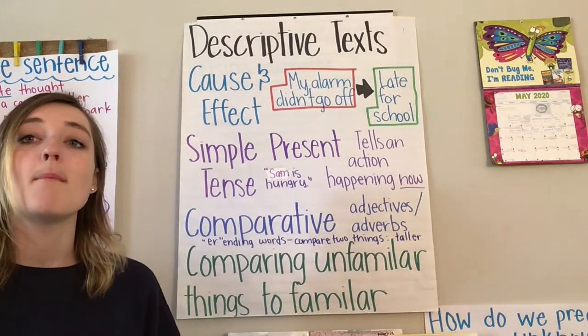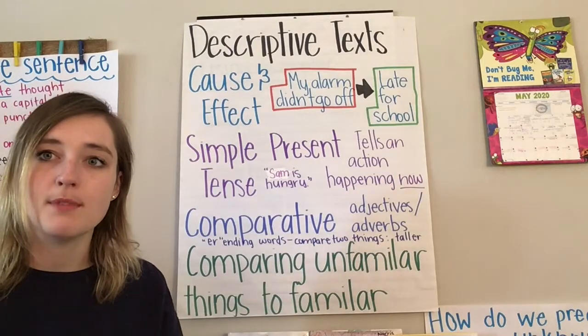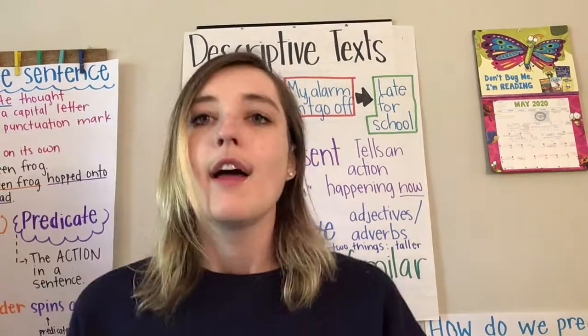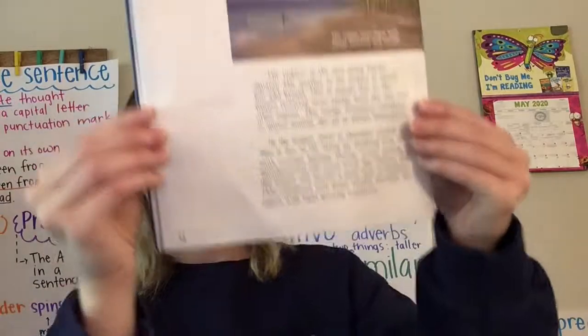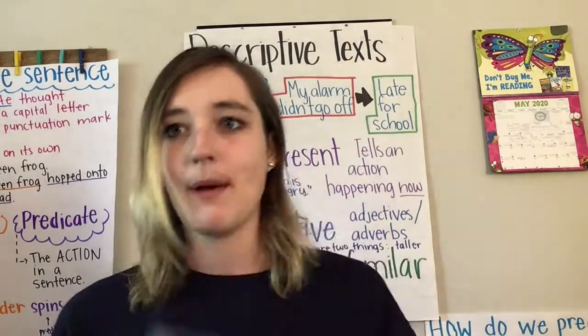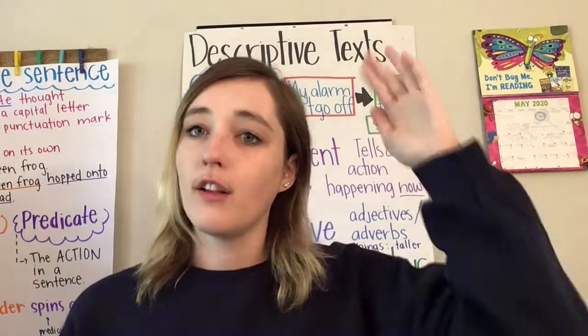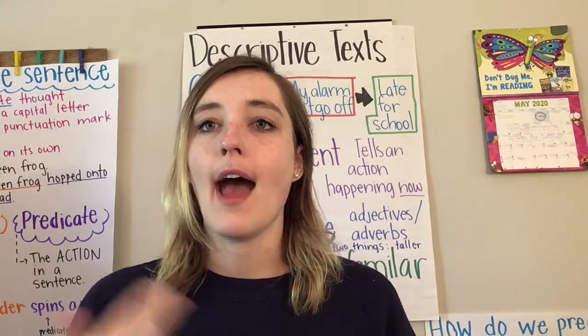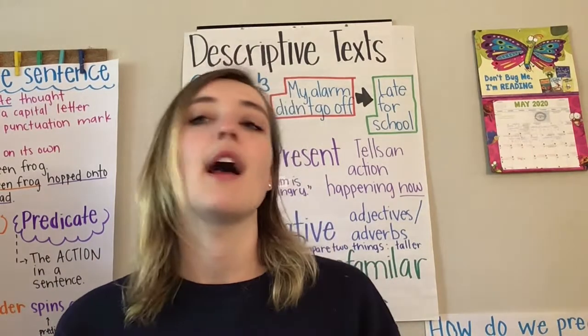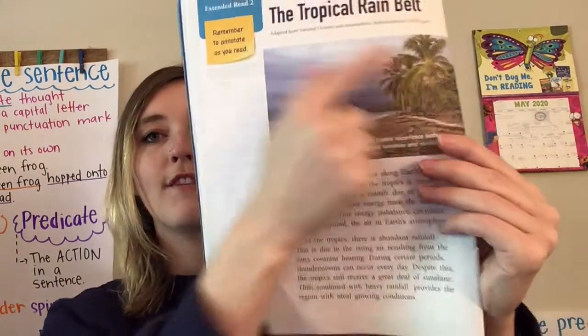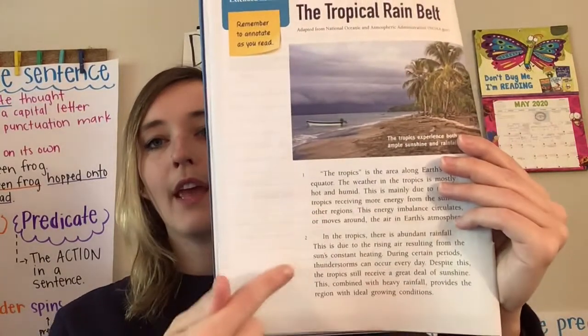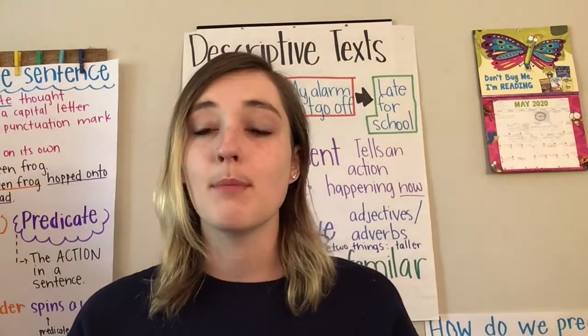So that is what makes a text a descriptive text. So now we're going to go back and look in the tropical rain belt, and we're going to look for all of these examples of how this is a descriptive text. We're not looking at any of the graphic features like I said before. We're looking in the paragraphs and we're going to find examples there.